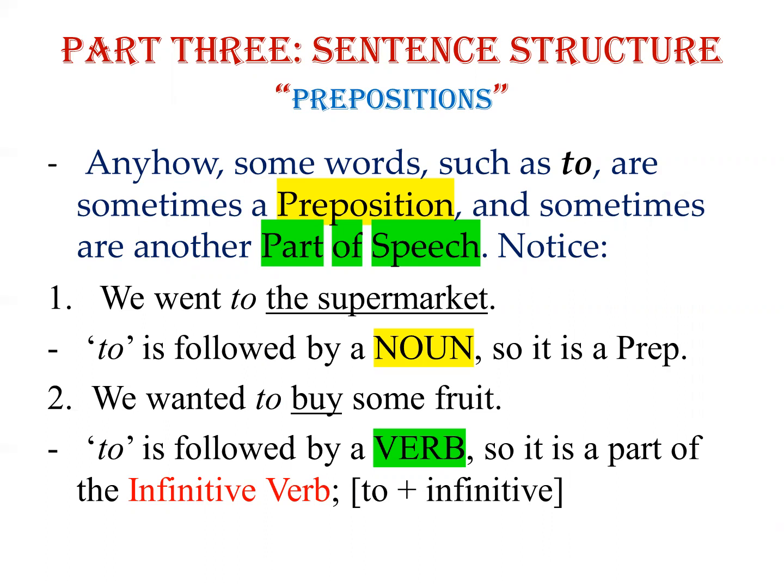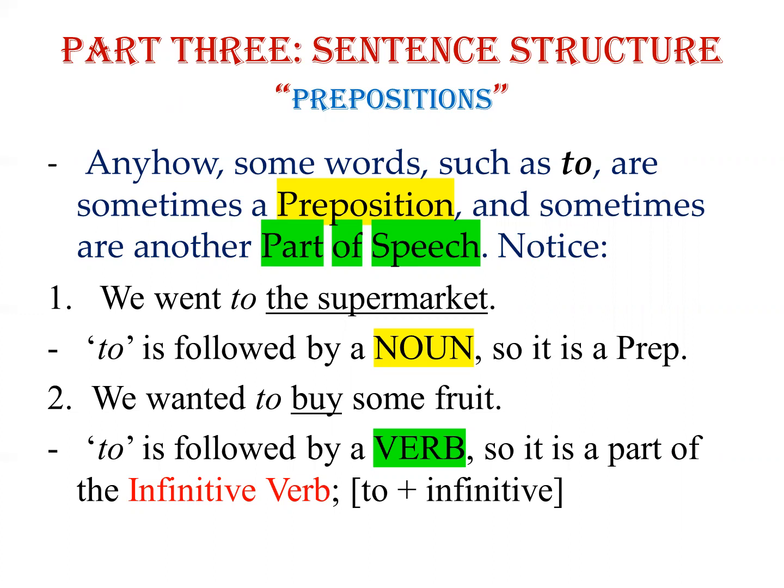A preposition is always followed by a noun. Memorize this: a preposition is always followed by a noun. So if you're perplexed about a word that you know is a preposition, and you want to know if it functions as a preposition or as another part of speech, you always look at the second word, the following word.